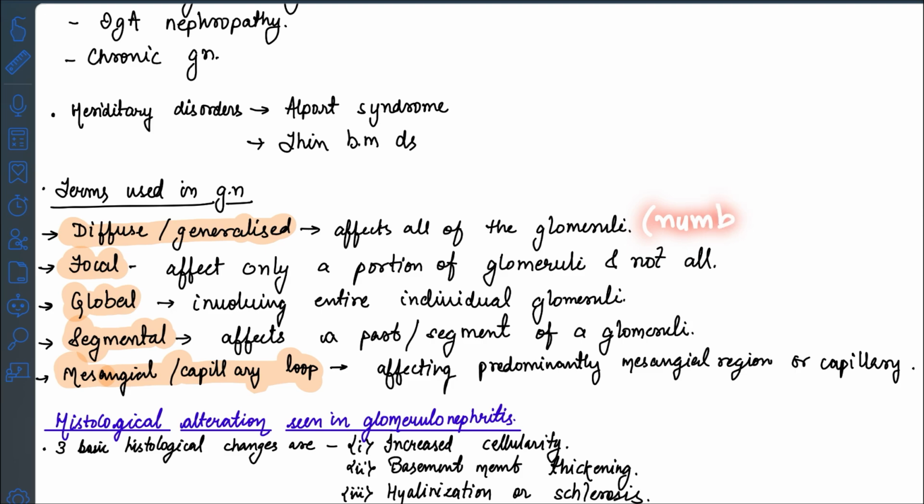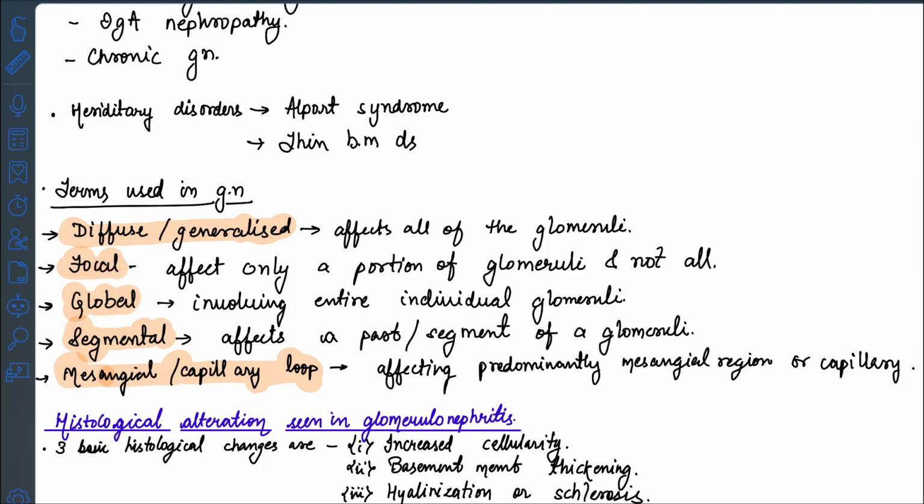Here we are using diffuse and generalized in the sense of number. Suppose there are 100 glomeruli in one kidney and all 100 of them are affected, then you'll call it diffuse or generalized. The second term is focal, where it affects only a portion of glomeruli and not all. Focal means out of 100, only 50 of them are affected, so not all of them but only a portion of them are affected, so it's called focal.